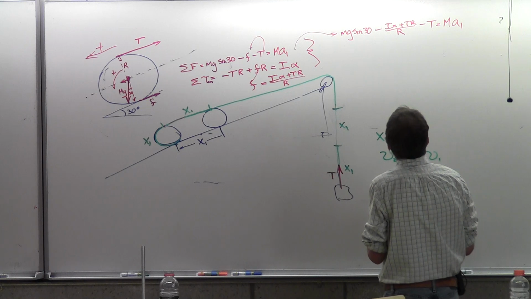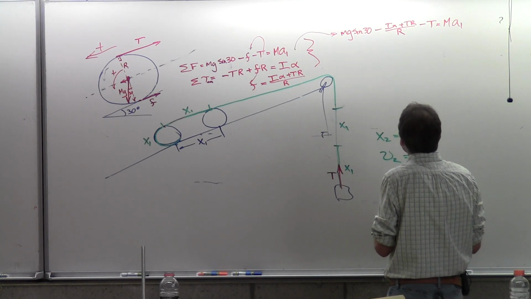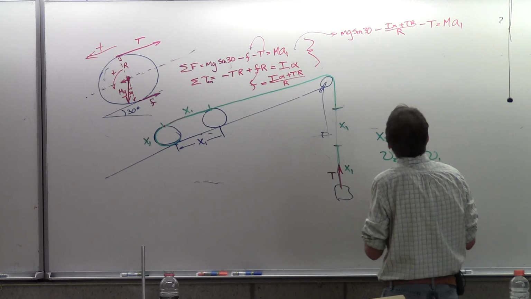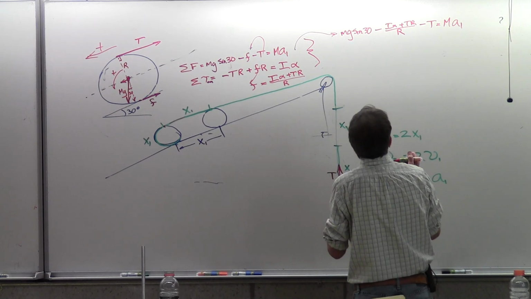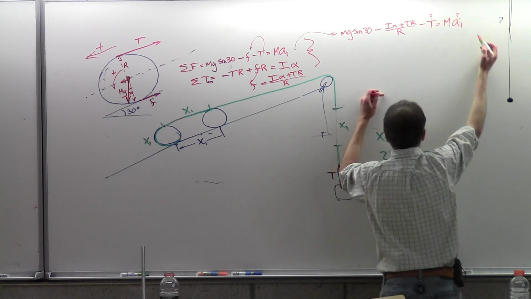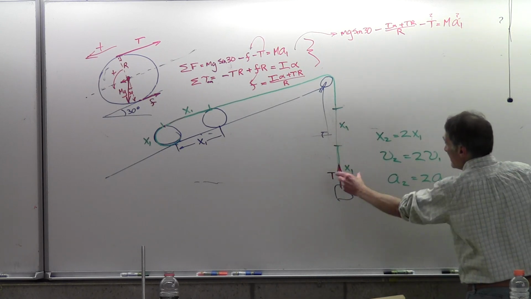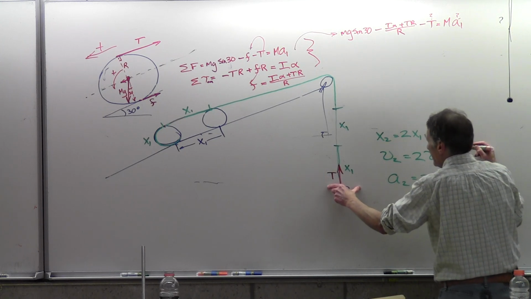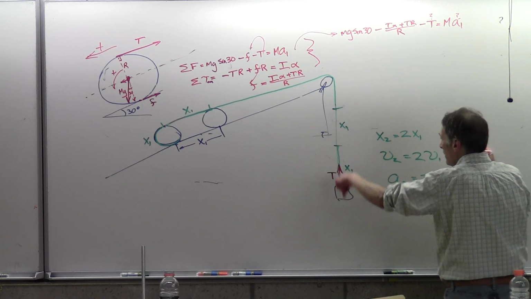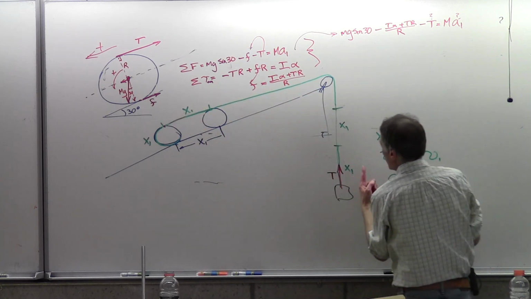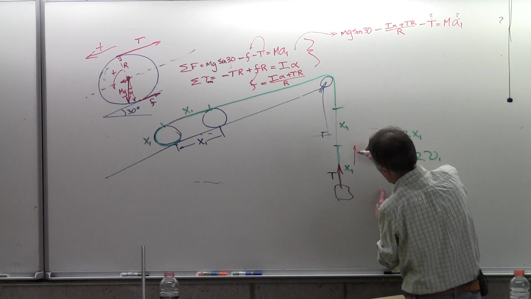Okay, so they give us the masses of these objects. The thing we don't know is the tension, and we don't know the acceleration. That's where we're going to want to tie it into this other object. In terms of the motion of this, let's say we call this the plus direction, so this is plus going up.